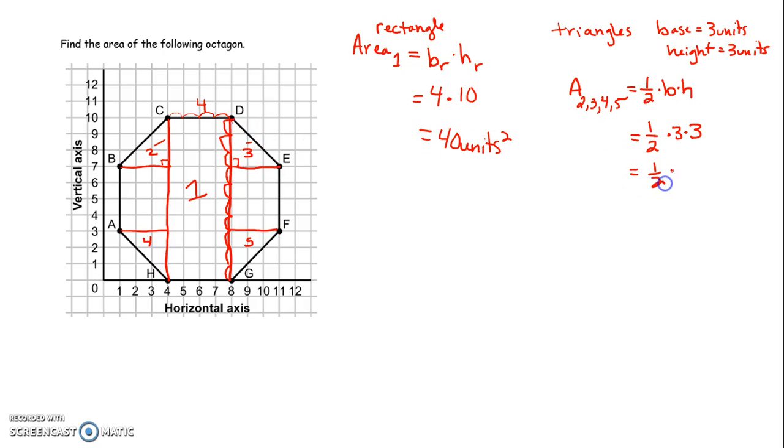So that's going to be 1/2 of 9. 1/2 of 9 is 4.5. So that's 4.5 units squared. And the nice thing is there's 4 of those. So all I have to do is take 4.5 to find the area of all of those. There are 4 matching triangles.